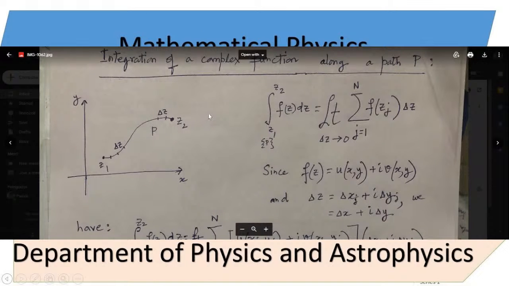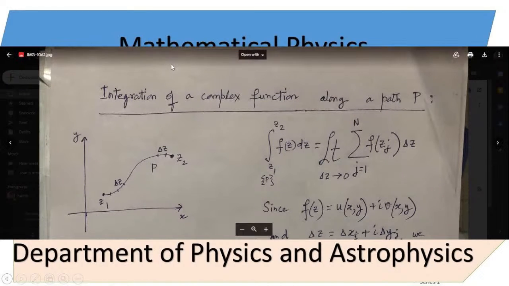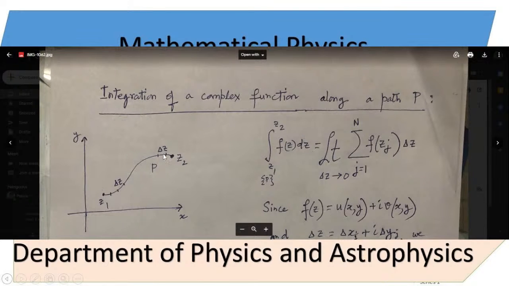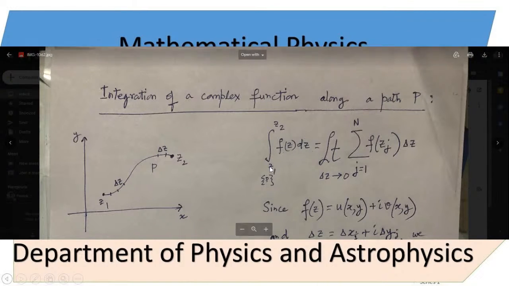So now we will talk about a complex function f of z, and we will talk about integrating the function from point z1 to point z2 along a path P. Now obviously, on a plane, when you talk about integrating a function f of z from z1 to z2, the integral will depend upon which path P you have chosen.